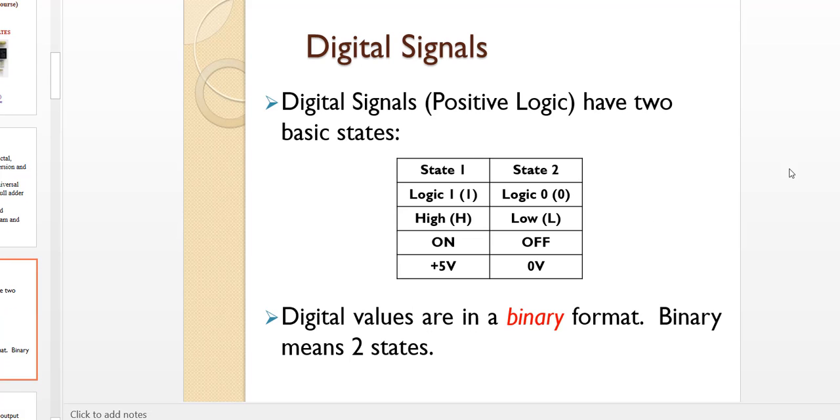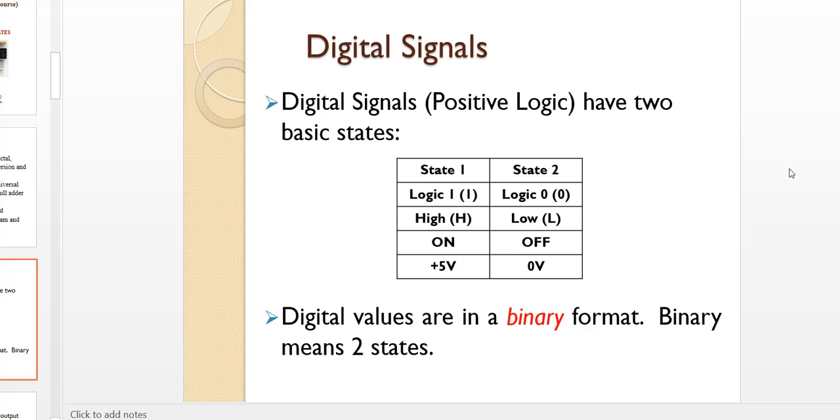Before learning the basic gates, we have to understand what digital signals are. A digital signal, according to positive logic, has 2 basic states. State 1 can be logic 1 and state 2 can be logic 0.